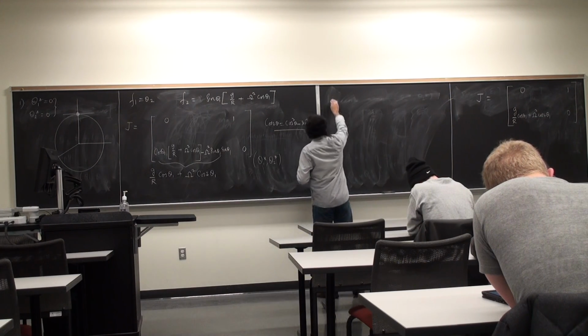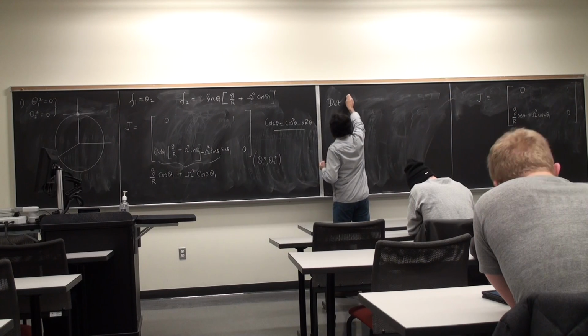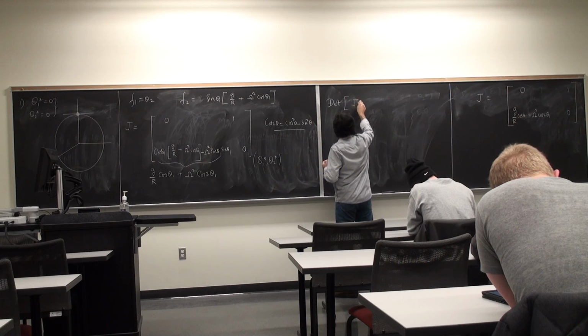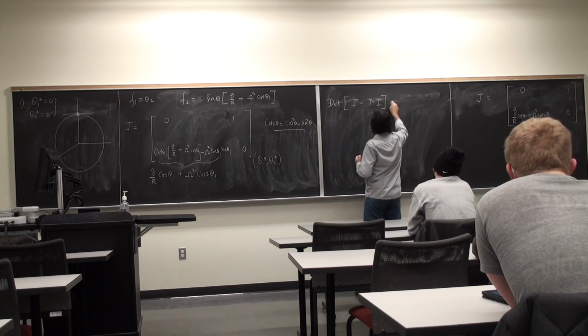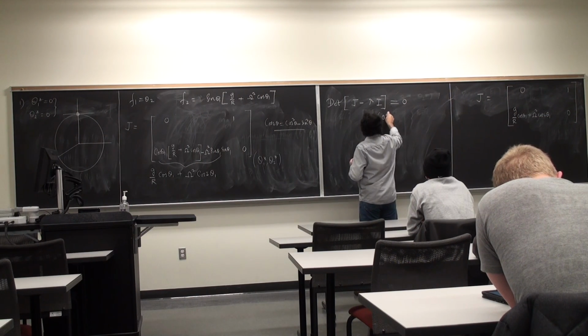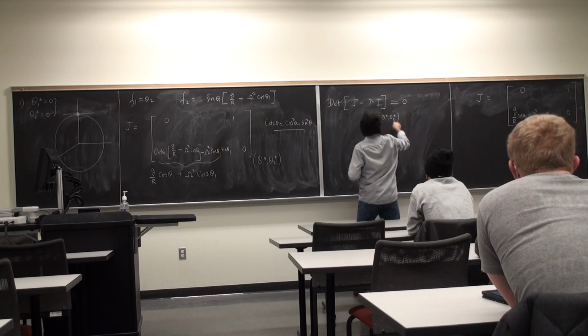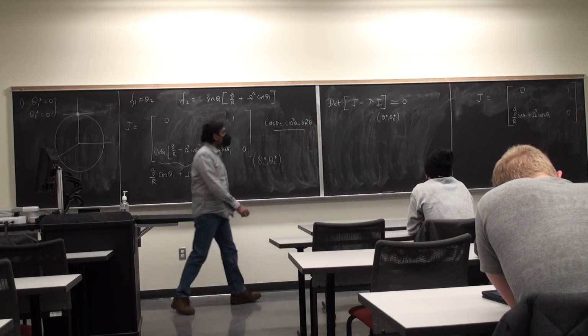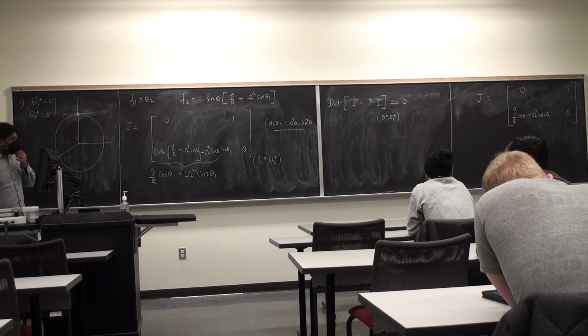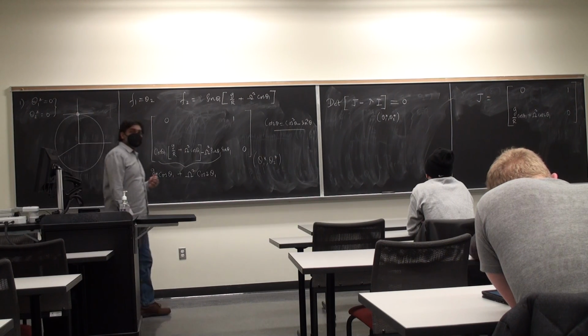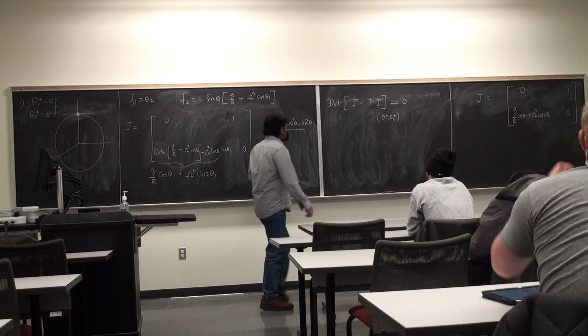I take the determinant of J minus lambda I. That's how one will find the eigenvalues. So I is the identity matrix. Lambda is a set of eigenvalues.